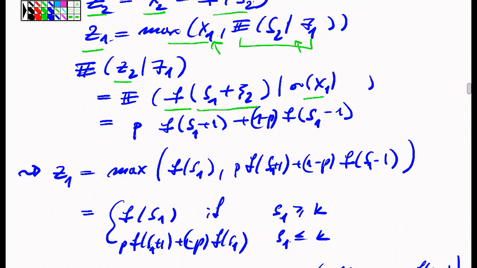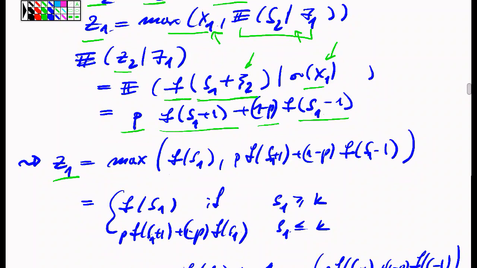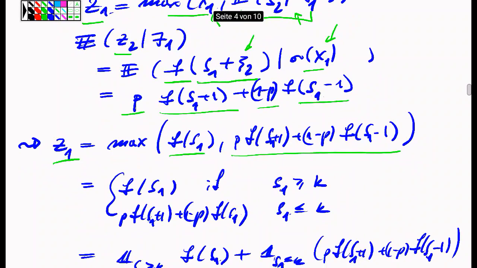Now, if we know what x1 is, which is the same as knowing what psi 1 is, then there's only ambiguity with respect to psi 2, so psi 2 can then assume two different values, plus 1 or minus 1. That's written here, and those two things happen with probability p or 1 minus p. That's the conditional expectation we need to evaluate. So therefore Z1 is the maximum of the payoff for S1, or the conditional expectation of the payoff for a later moment of time. That's written here.